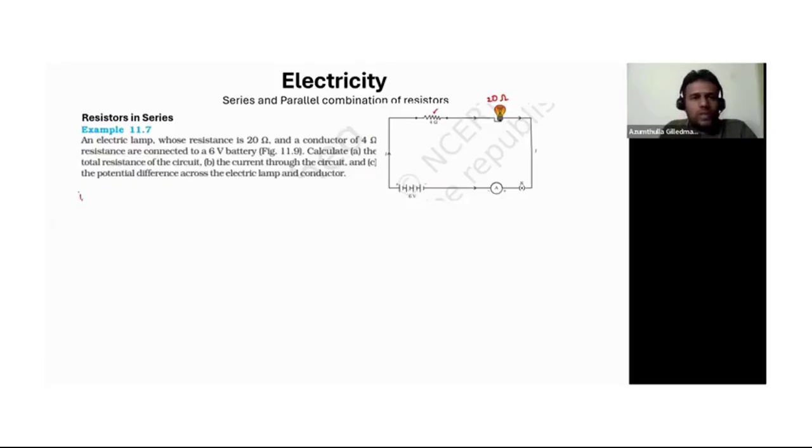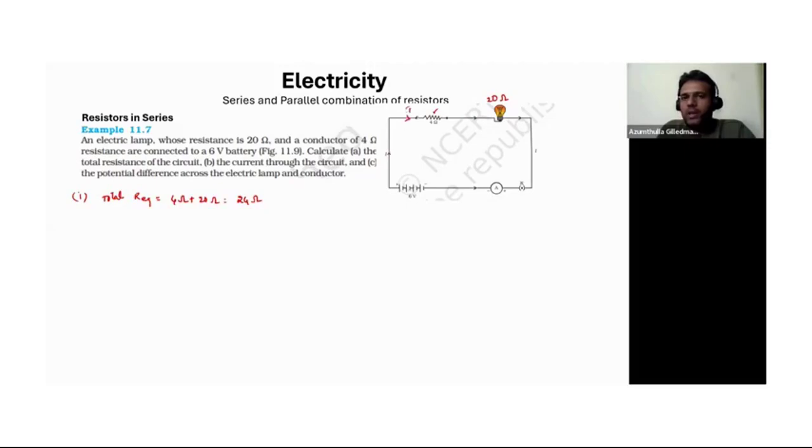So the first bit, that is total resistance in the circuit, that is R equivalent, right? Total resistance is these 4 ohms plus the bulb's 20 ohms. Can I say this is 24 ohms because this is connected in series, right? The same amount of current is flowing through the circuit. So the current is not dividing. So this is in series. Let's say, guys, here current I is flowing, right?